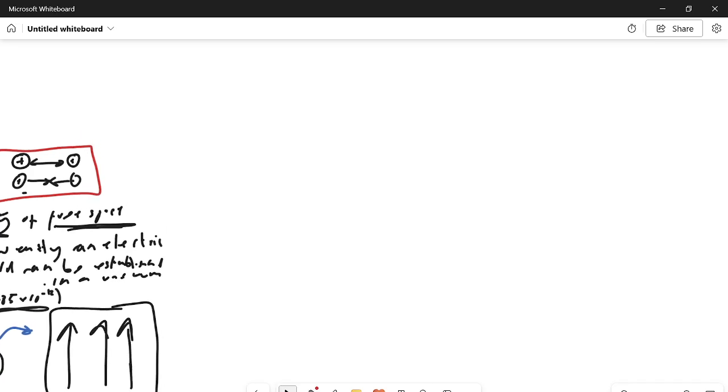So we already discussed that potential difference is just joules per coulomb, sorry. And we have to remember that that's also equal to volts. And we always have to have a reference point.